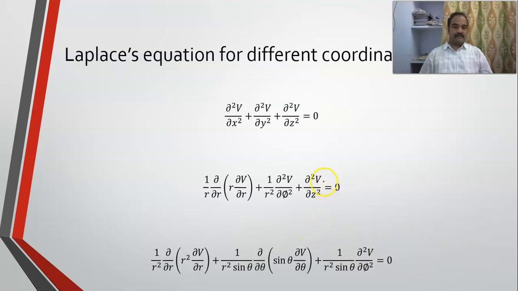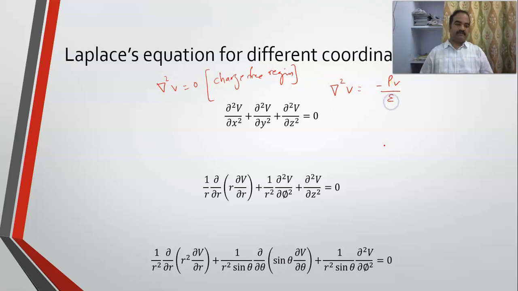The Laplace equation, del squared V is equal to 0, holds in the case of a charge free region. If it is not a charge free region, then that equation becomes del squared V is equal to minus rho V by epsilon, where epsilon is the absolute permittivity of the medium. This Laplacian operator will have different formats depending upon the coordinate system.